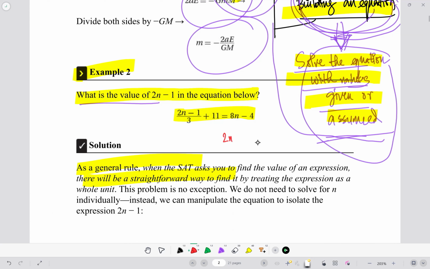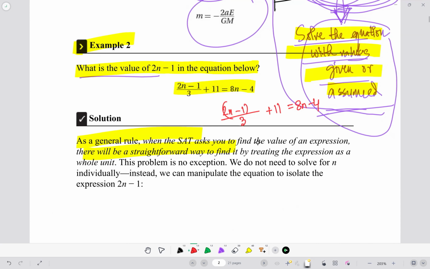Twice n minus 1, put in a parenthesis and divide by 3. For your convenience, I'm just giving you the parenthesis. It will also help you do it. And then twice n minus 1 divided by 3. I'm sorry for my bad handwriting. 8n minus 4 minus 11. You're just taking this minus 11 to the right side of the equation, and the sign changes.